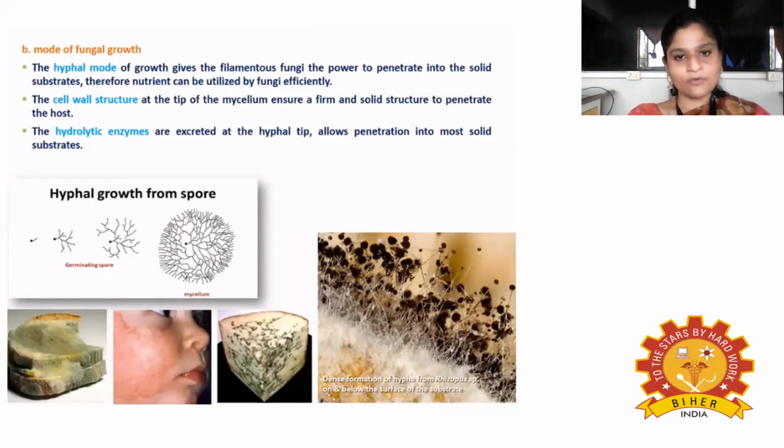So keeping all these aspects in mind, using filamentous fungi is going to be very good for your solid state fermentation. Here I have also shown the hyphal growth from spore. How this hyphae grows, I've given this picture, have a look at it.